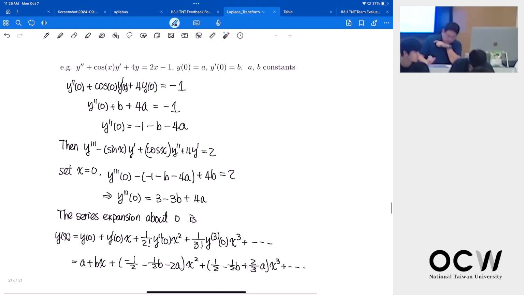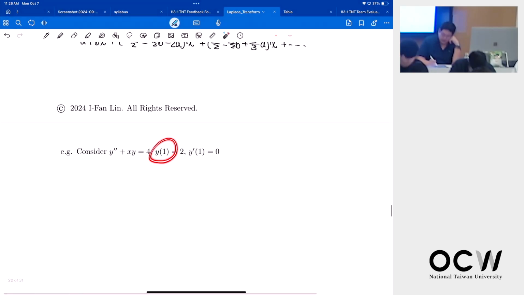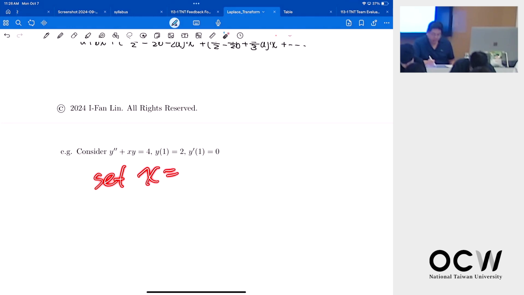So far we just have seen some examples with the initial condition at 0 or even at pi. If it is not at 0 or pi, like here, I have initial conditions at 1, we can still do the same thing, set x equals 1 and find the coefficients.